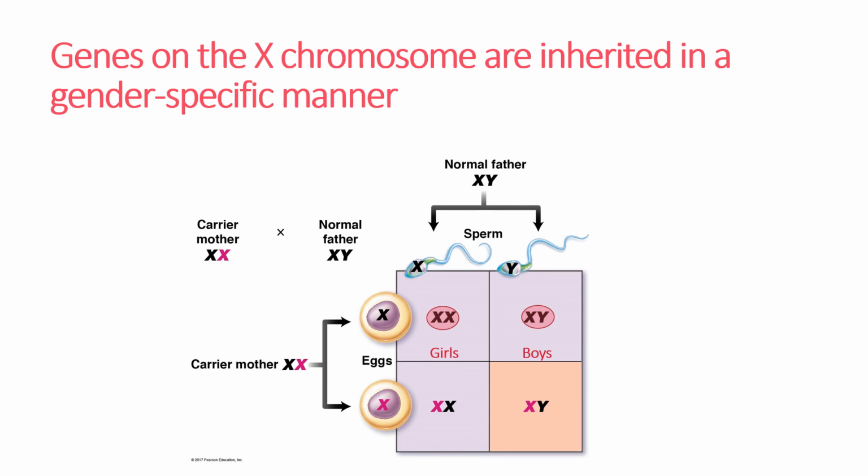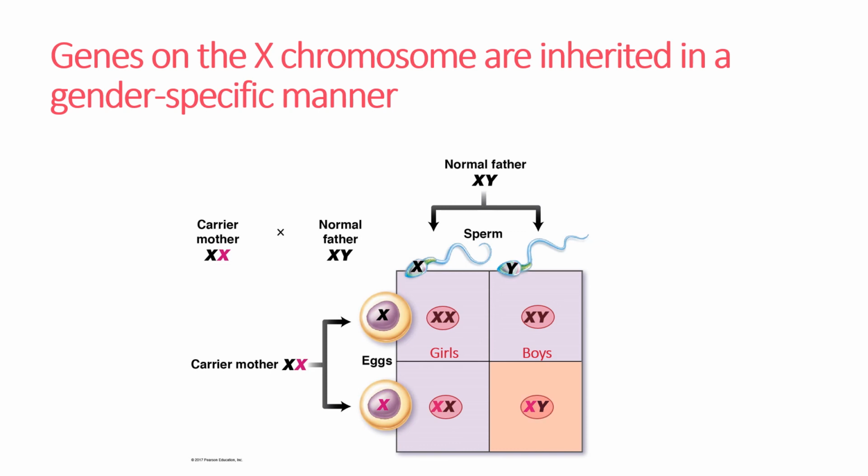If the X chromosome that is mutated is distributed to an egg and that meets an X chromosome carrying sperm, a girl will be produced who is heterozygous for the blood clotting allele, but will be phenotypically normal.